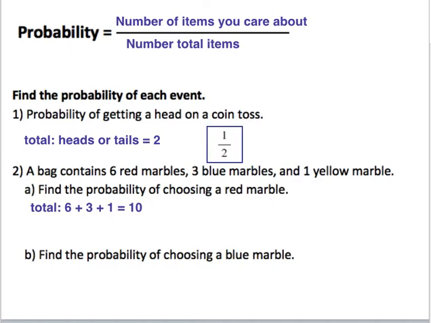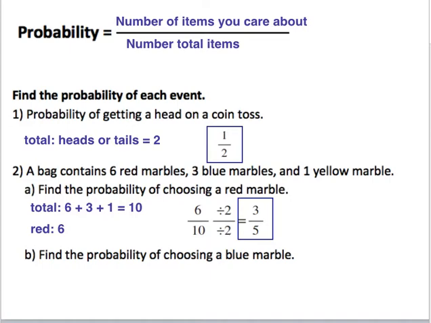And then we need to reread the problem to figure out how many of those items are red marbles, since that's what we are trying to calculate the probability of getting. The intro said that the bag contains 6 red marbles. So when we put it all in our probability fraction, number of items that are red marbles over total number of items, it's 6/10.